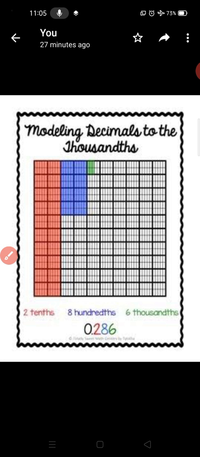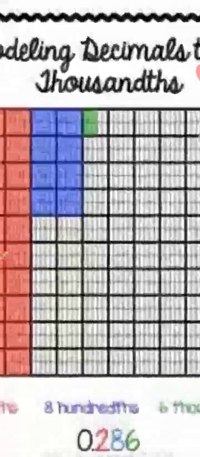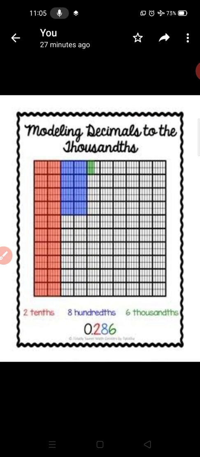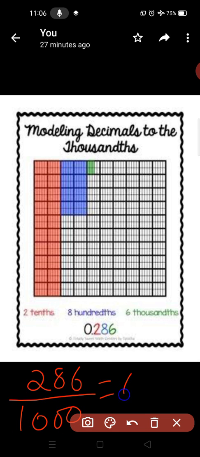If you see here, this is also a thousandths grid, but how many parts are shaded? Here with orange color 200, and with purple color, how many are there? 1, 2, 3, 4, 5, 6, 7, 8. 80. Okay. And with the green color only 6. So it can be denoted as 286 out of 1000, which means 0.286.